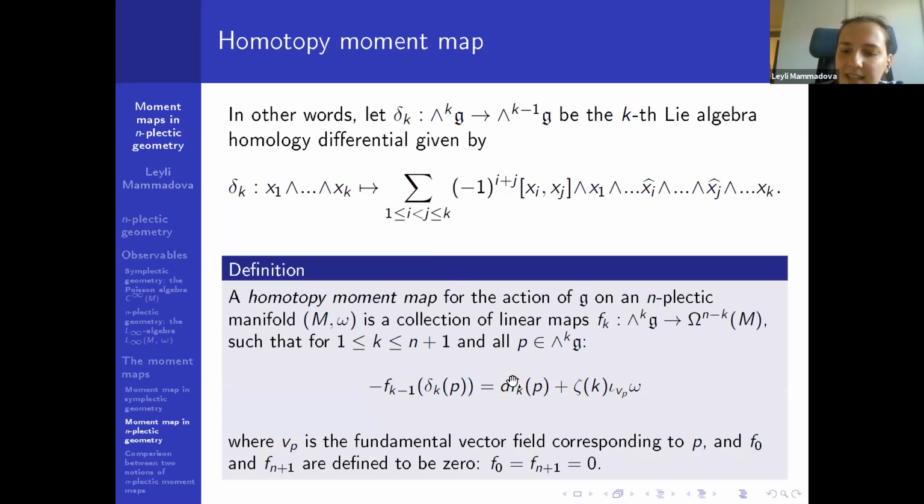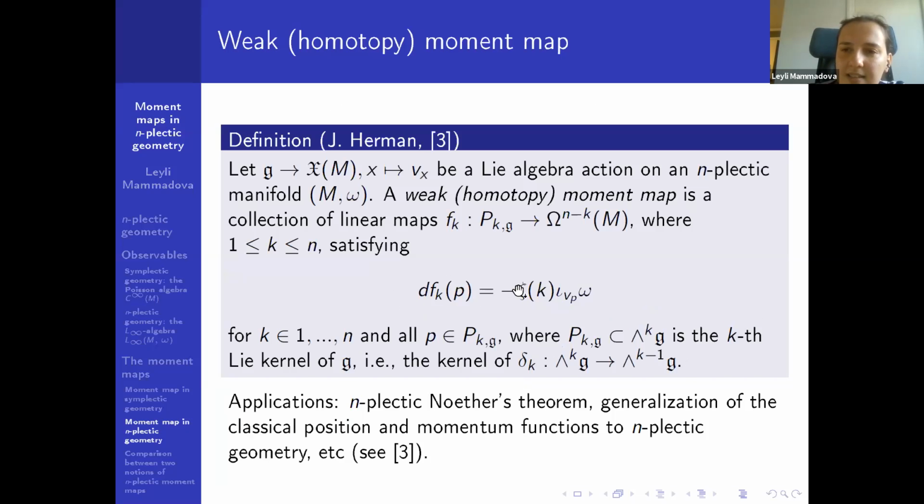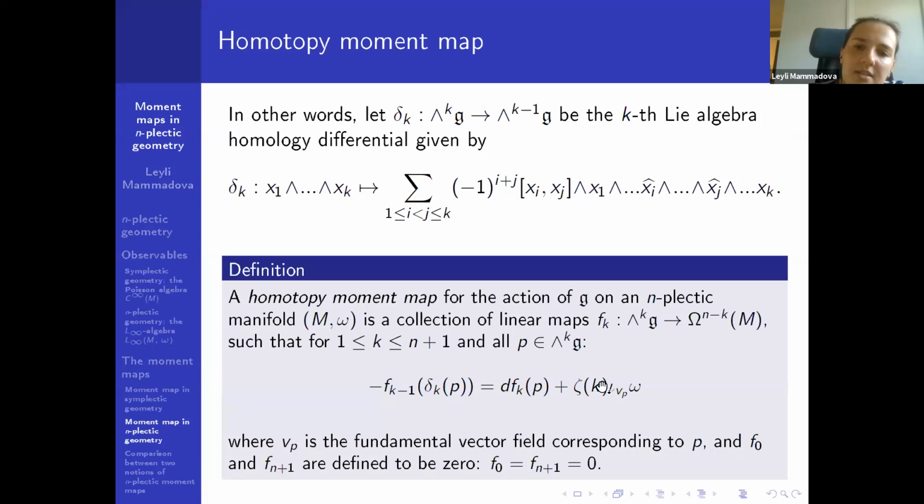So we precisely get this. What it tells you is that the homotopy moment map restricted to the kernel of the delta k is a weak moment map.